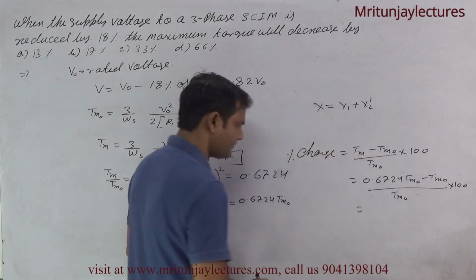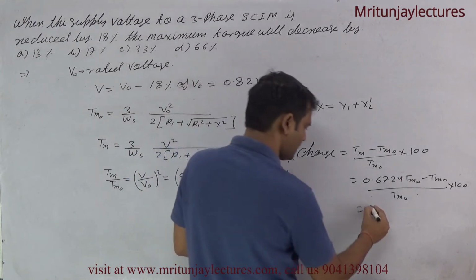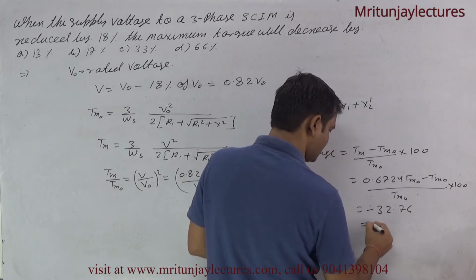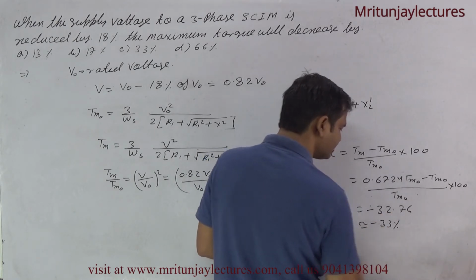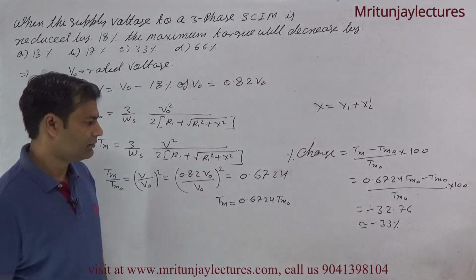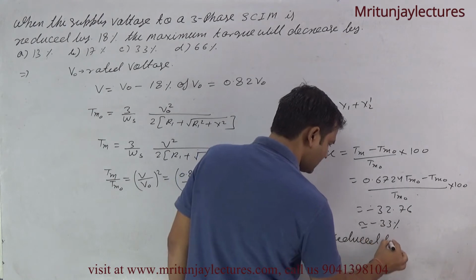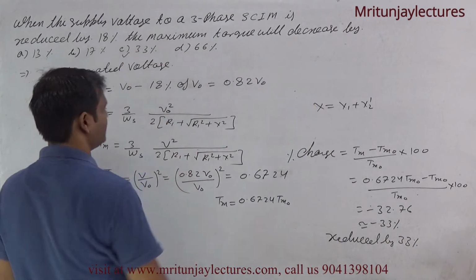Finally we got minus 32.76, which you can approximate as 33%. It means the maximum torque is reduced by 33%. So which one is the correct option? C is the correct option. Make it.